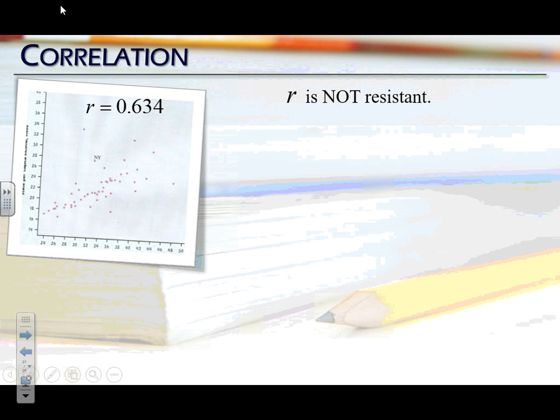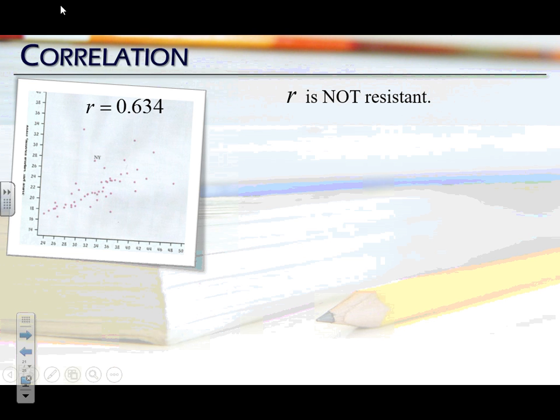Okay, so last thing here. Correlation is not resistant, meaning it will be affected by outliers. So here we have a scatter plot. When we evaluate the association, we get a correlation coefficient of 0.634. Now, if we look here, we do have a linear association, so we're okay there.